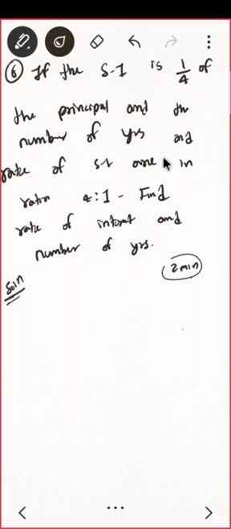That is I equal to 1 by 4 times P. I is your simple interest. And what else? Ratio of number of years and rate, that is n to r, that is equal to 4:1. Agreed? Am I correct?